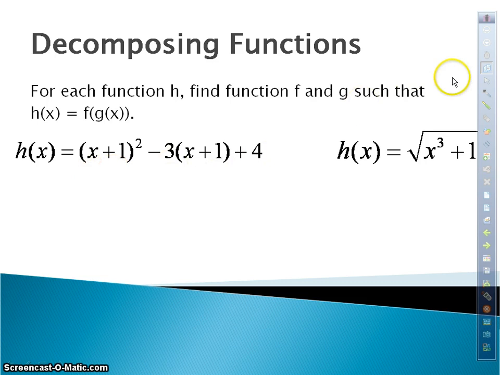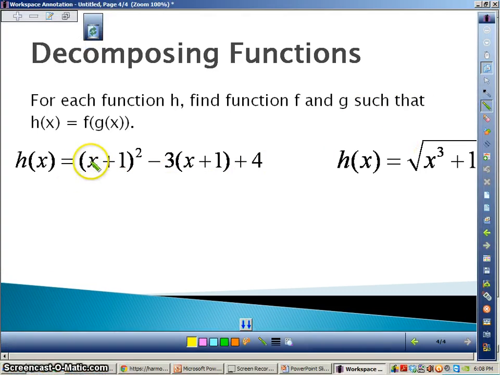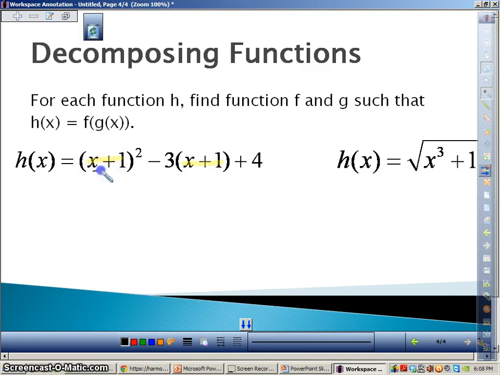If you notice, you have something that looks like you've put inside a set of parentheses, where an x might be. So if you just look at this function, what are we putting inside? Well, we're putting x plus 1 where we would normally see an x. So if we look up here where h of x equals f of g, the g of x should be equal to what looks like there should be an x.